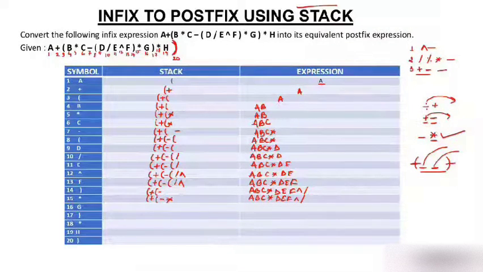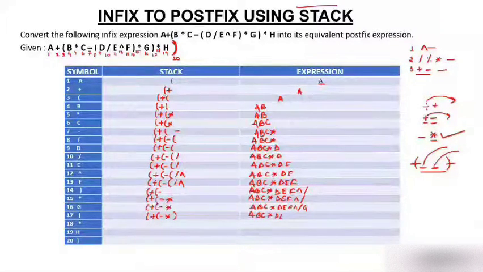Okay, then G comes, where G will go to the expression part, this plus, minus, multiply and then A, B, C multiply D, E, F, power divide and G will come. Then closing bracket. So again the interesting part, this minus, this multiply in closing bracket. Then what we have here is A, B, C multiply D, E, F, power divide and G.